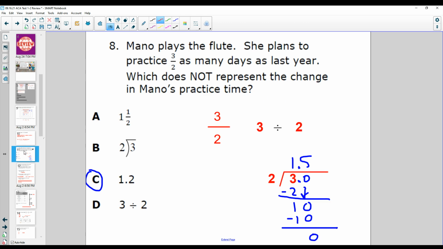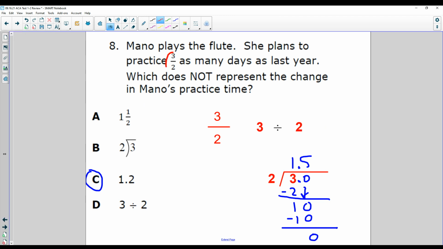Number 8, Mono plays a flute. She plans to practice 3/2 or 3 divided by 2 as many days as last year, which does not represent the change in Mono's practice time. How do you say this as a division problem? 3 divided by 2.